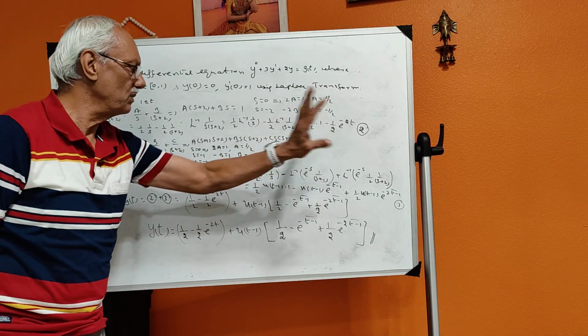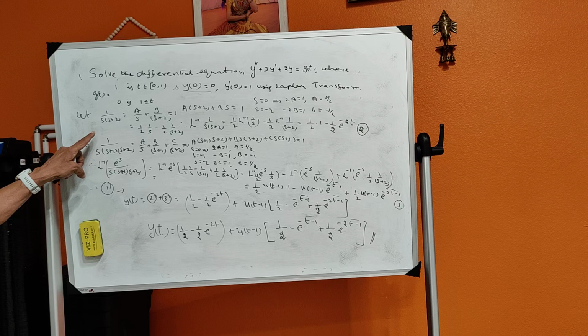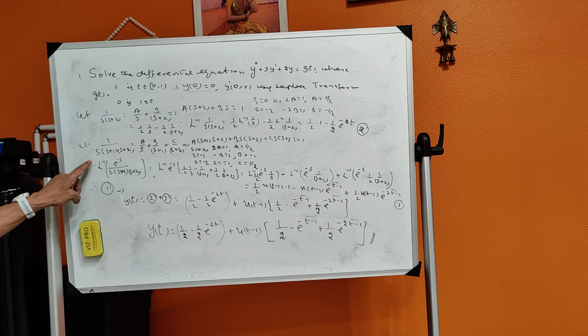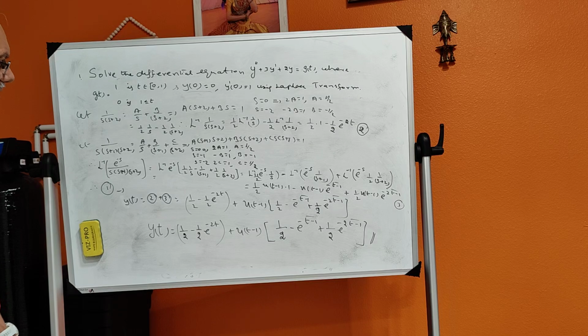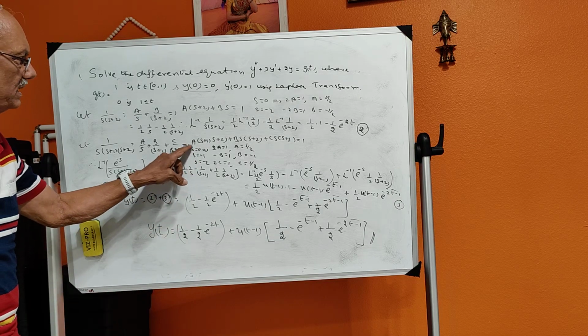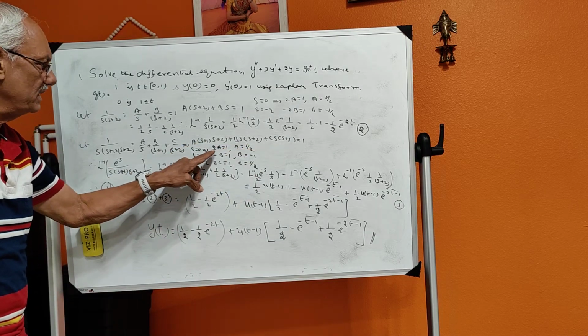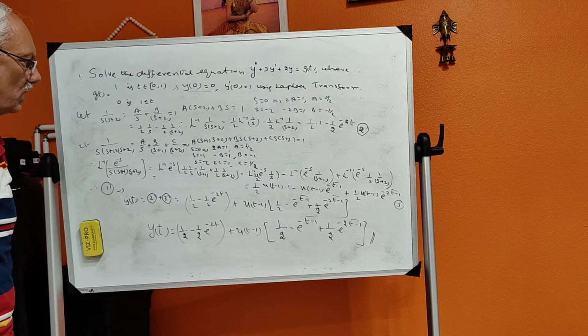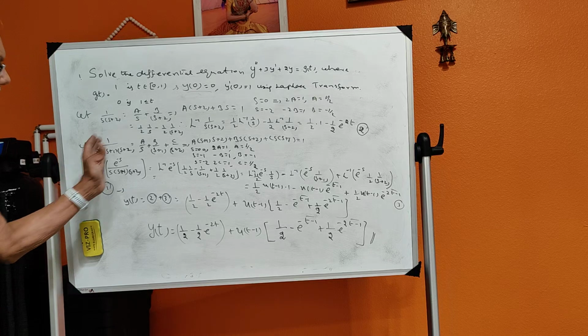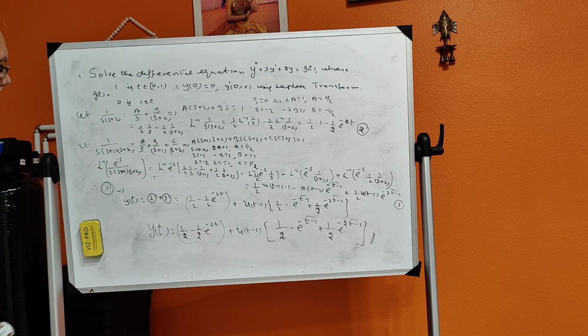I am calling this my 2. Then I take 1 by s into s plus 1 by s plus 2 and split into partial fractions, finding a is half, b is minus 1, and c is half, substituting the values and taking the inverse Laplace transform with e to the power of minus s.